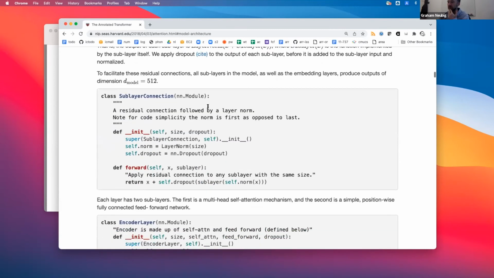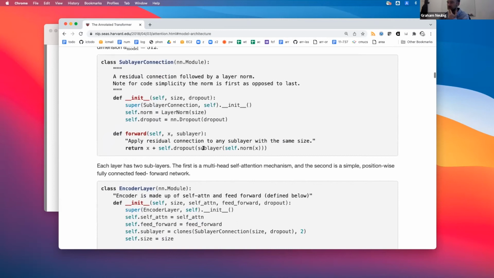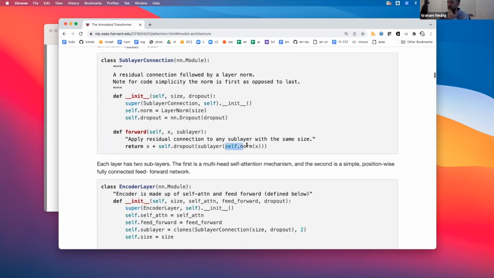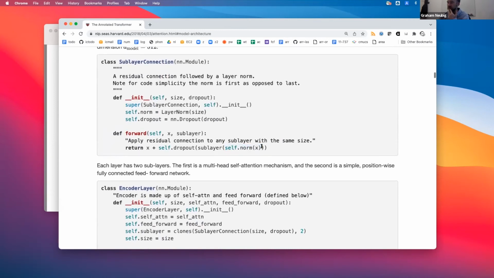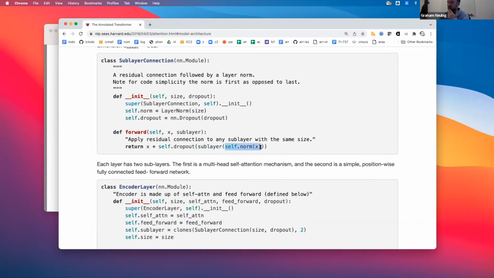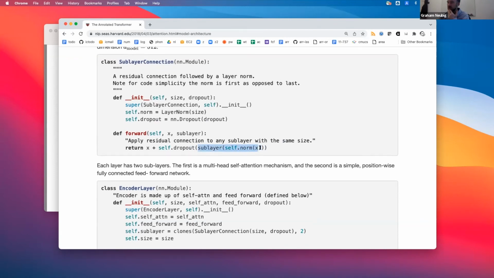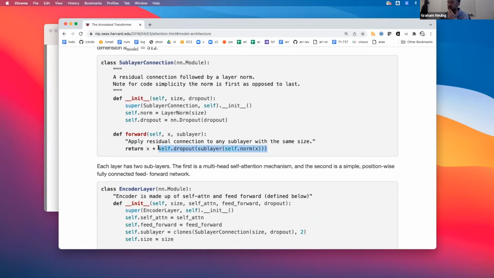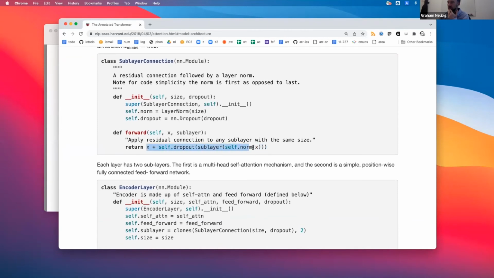So this sublayer is doing layer normalization. It's calling the sublayer function here. It's doing dropout over the output, and then it's adding a residual connection.